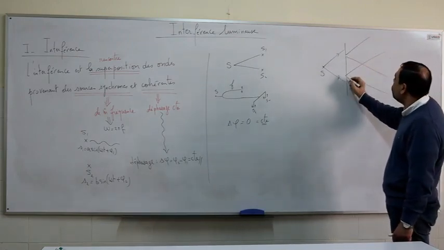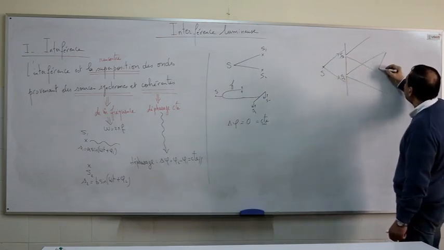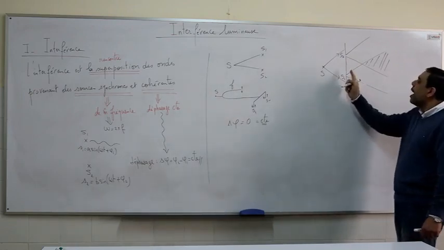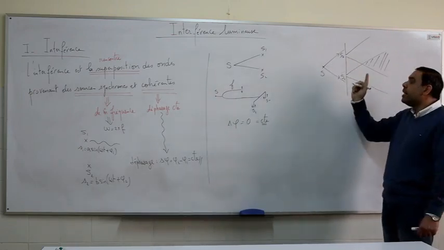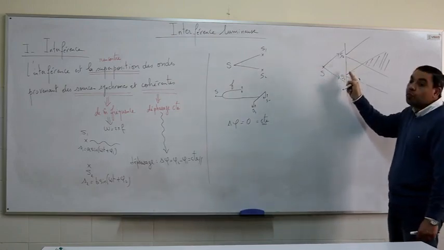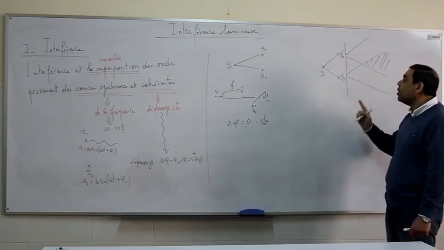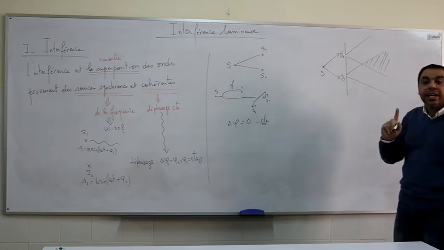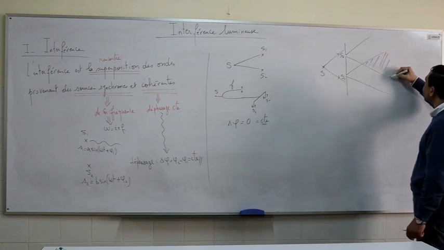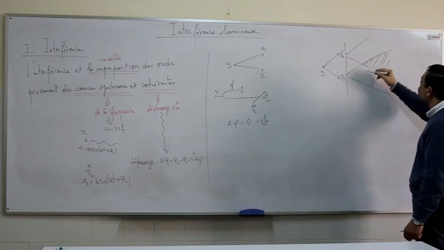The light coming from the source S1 and the source S2 will superpose in this region. And as a result, S1 and S2 are the images of the main source S, and therefore these two sources are synchronous and coherent, which means that they obey the conditions of interference. This is the region of the superposition of the two diffracted beams coming from the sources S1 and S2.